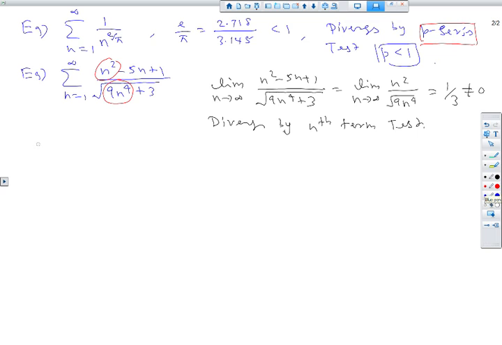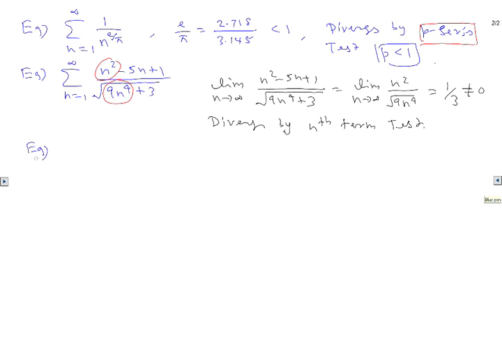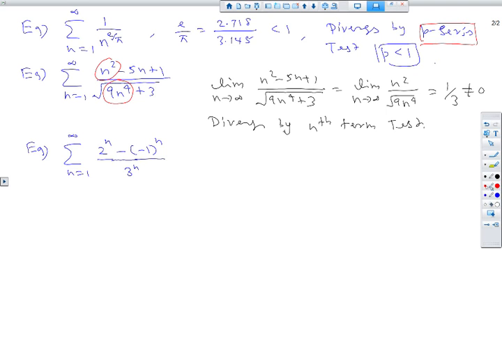The next example. So let's do a geometric one. So let's do this one. Sigma n going from 1 to infinity of 2 to the n minus negative 1 to the n over 3n, something like that. Okay, so now if you get a series like that, you can again look at the nth term. You can see that n appears in the top and bottom.